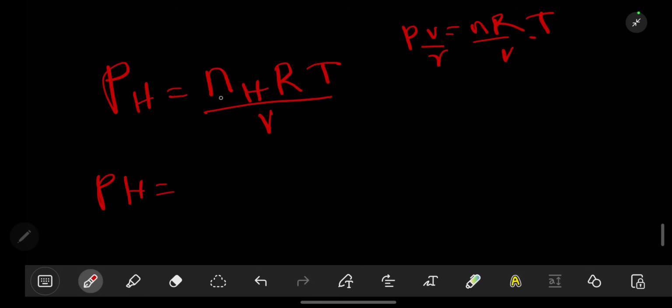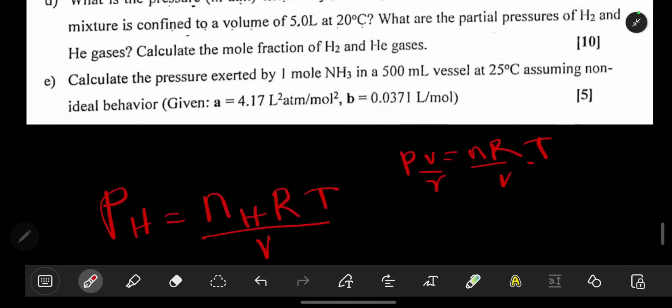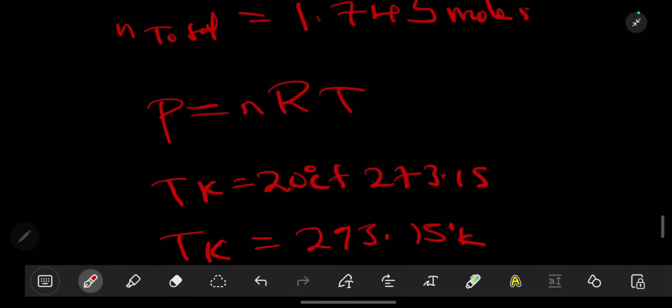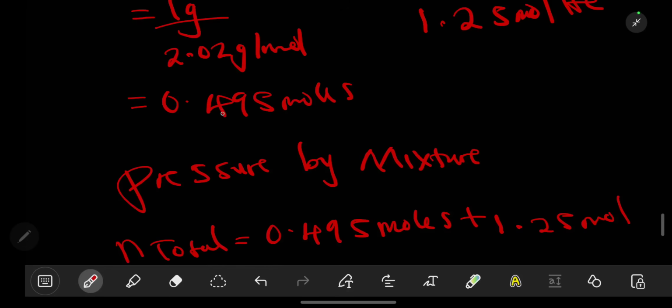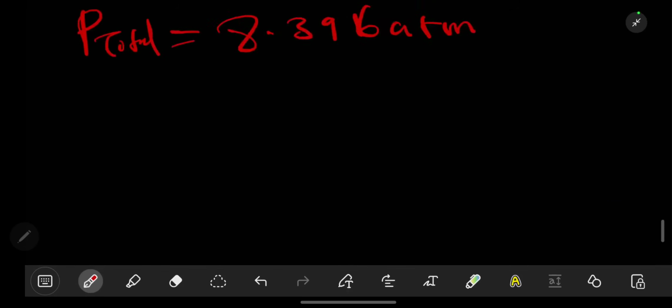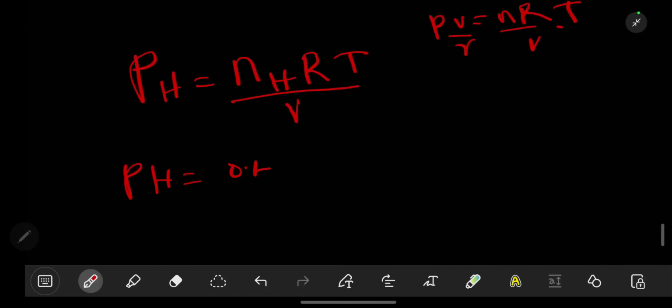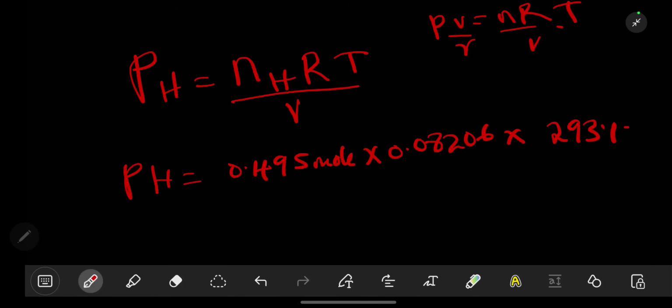So the pressure of hydrogen will be equal to, what is the number of moles of hydrogen? If you recall, the number of moles of hydrogen was found to be 0.495 moles. We multiply these moles by R, which is 0.08206, times our temperature, which was found to be 293.15. We divide this over its volume.